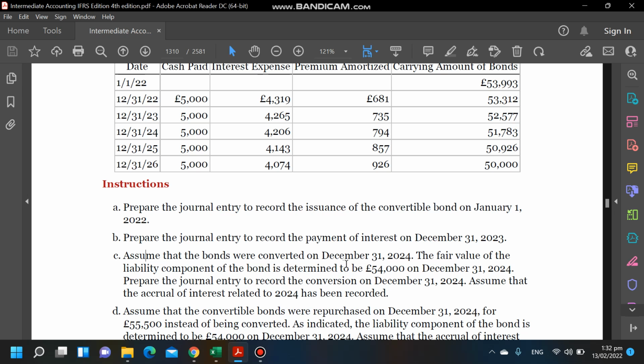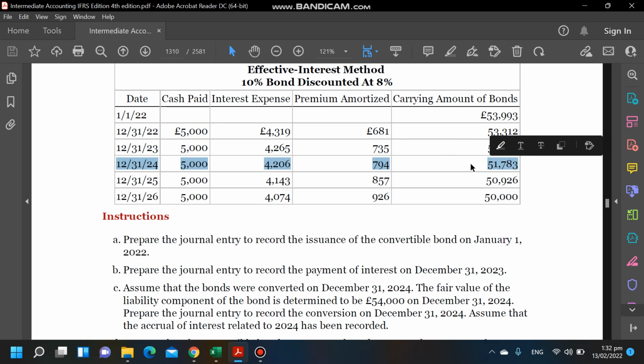So if it is a conversion, no matter how much is the fair value of the liability component, it won't be used, except it is a repurchase. So we can just go on to the row of December 31st, 2024 to see how much is the carrying amount at that date.